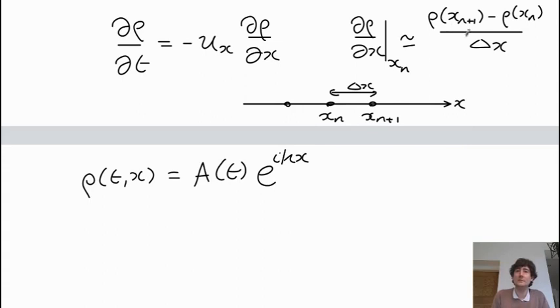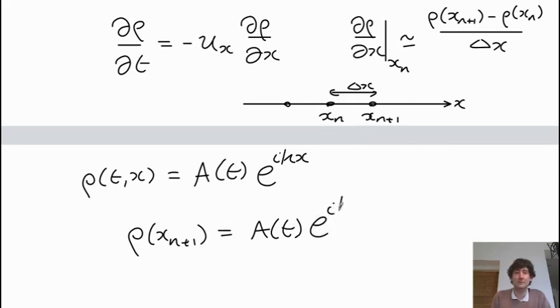A useful fact is that this provides a way of transforming these finite difference formulae into continuous functions that we can look at. So, for example, rho at x_{n+1} we can write as A(t), since I haven't changed the time, times e to the i k x_{n+1}, and this x_{n+1} is just the next mesh point to x_n, so the distance is delta x.